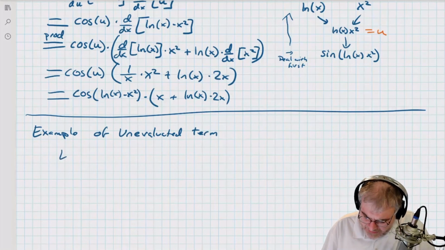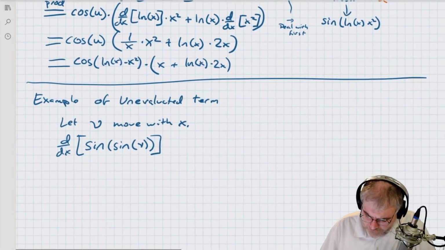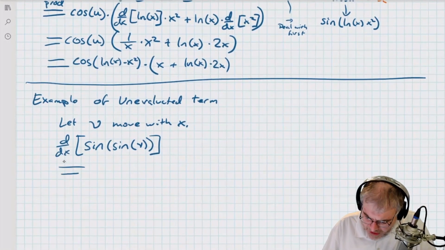So let V move with X. Okay. Take d over dx of sine of V. So that equals, I'm going to do a chain.